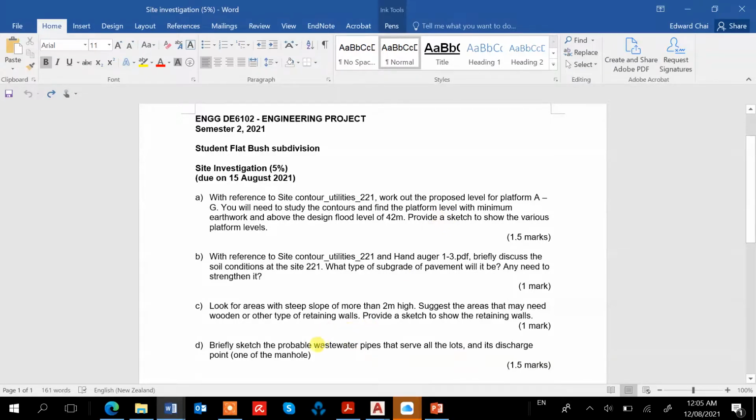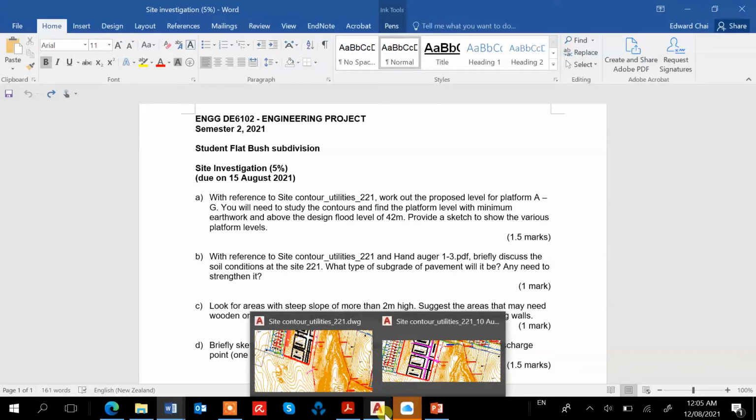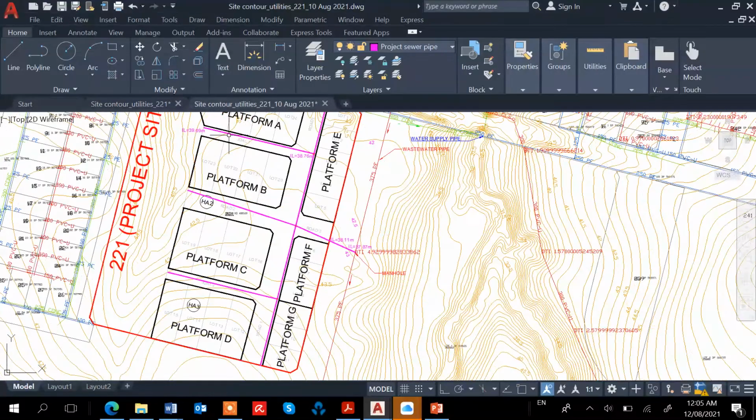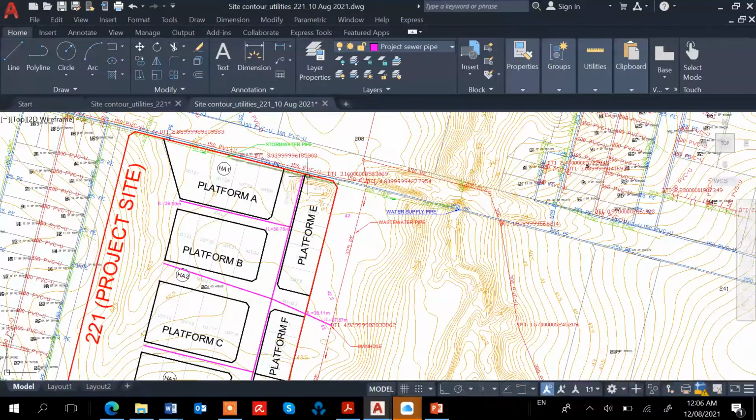Later on, we need to finalize. We need to check with the wastewater pipe, the depth of the pipe at this point or this point, the critical point, whether this pipe has enough cover from the road.